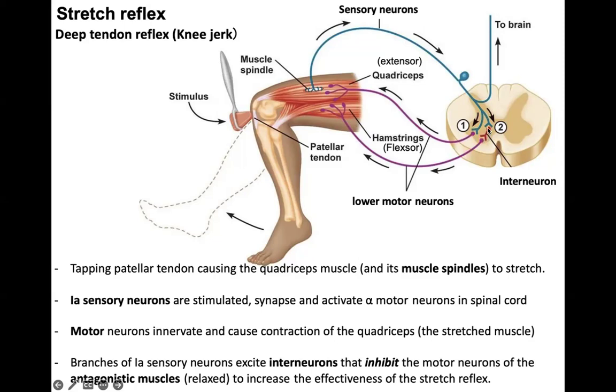As a result, it's going to inhibit the lower motor neurons that go to the hamstring, the opposite muscle, to inhibit the action of the lower motor neuron to the hamstring. As a result, the hamstring is now relaxed, okay? So we can call this opposite muscle the antagonistic muscle as well. Okay, so this is what happens in the stretch reflex.